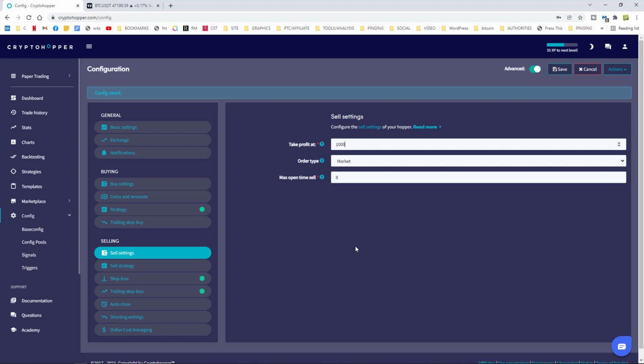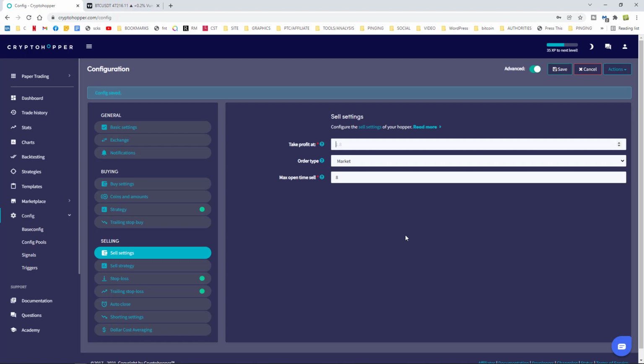Everybody starts buying it, and it drives the price up and up and up. Well, if you were to set a take profit at 10%, it would sell it immediately once 10% was reached. But what if it went up 100%?